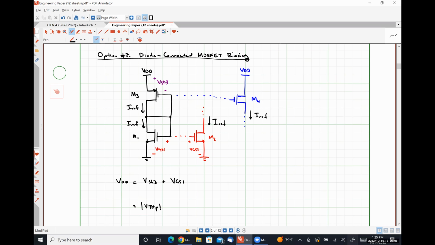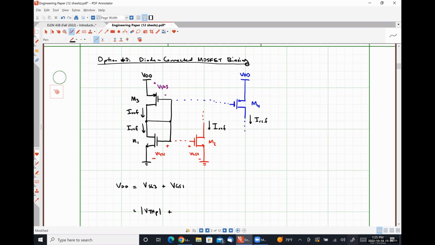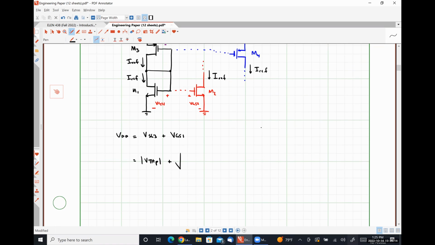I'm using the absolute value signs because I expressed our P-type voltage as a negative quantity earlier, plus the square root of twice IREF over mu P Cox W over L3, plus VTHN plus the square root of twice IREF over mu N Cox W over L1.